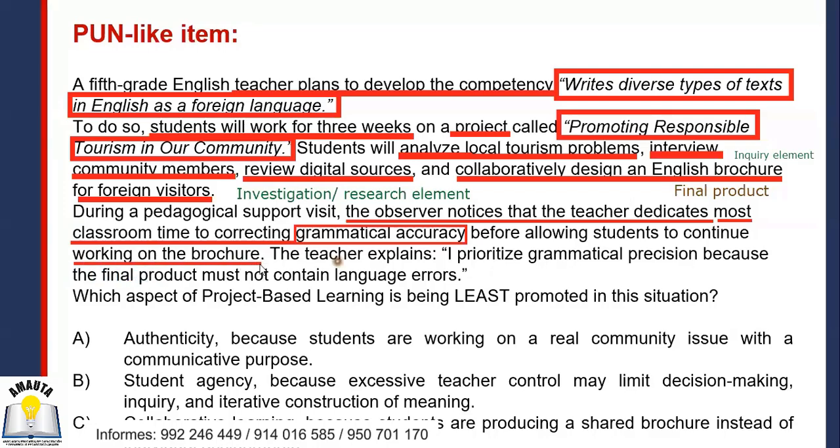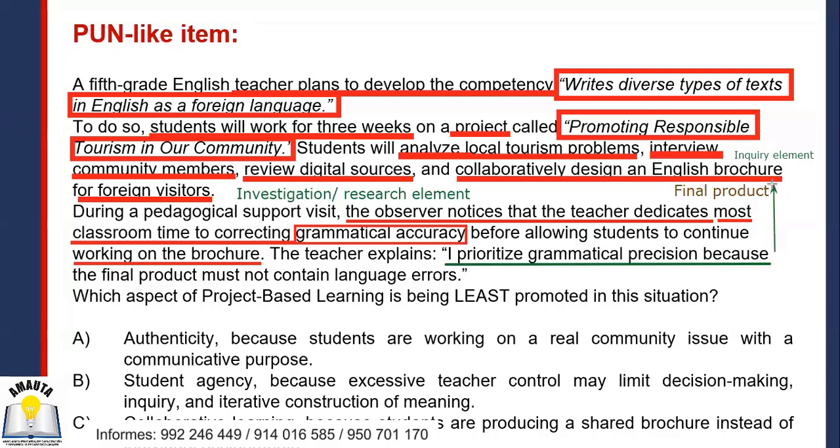So there's a lot of grammatical correction during this support visit. Yes, the teacher explains, I prioritize grammatical precision, because the final product, remember, is the brochure, all right?